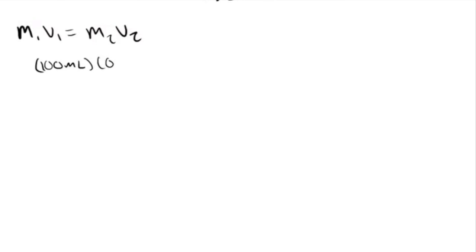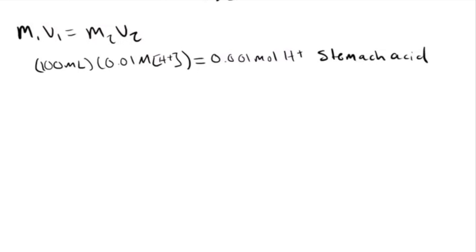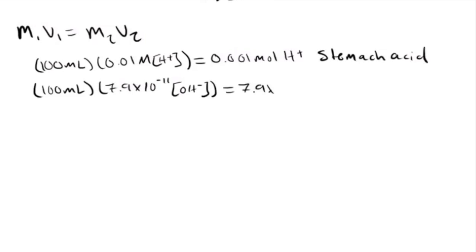So we're going to take the 100 milliliters times the 0.01 molar hydronium ions, which equals 0.001 moles of hydronium. That's from the stomach acid. And then 100 milliliters times 7.9 times 10 to the negative 11th hydroxide, which equals 7.9 times 10 to the negative 12th moles hydroxide, and that's from the soda.